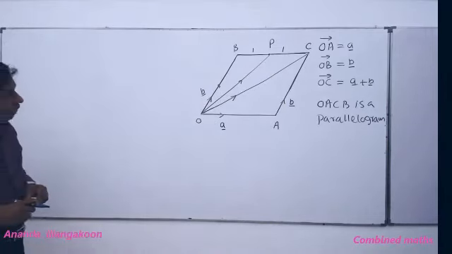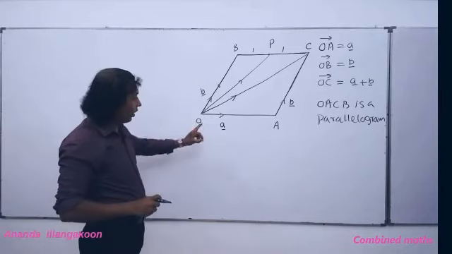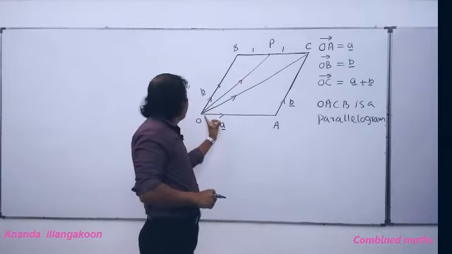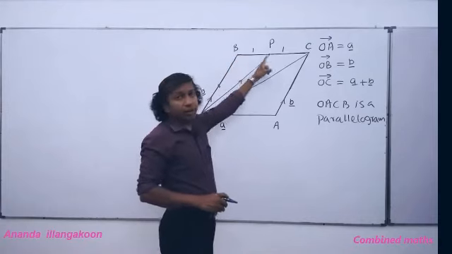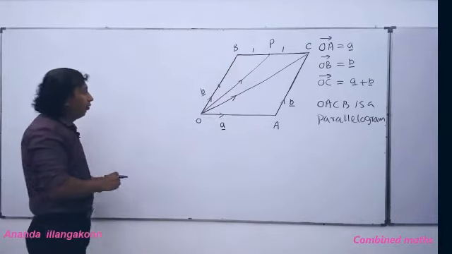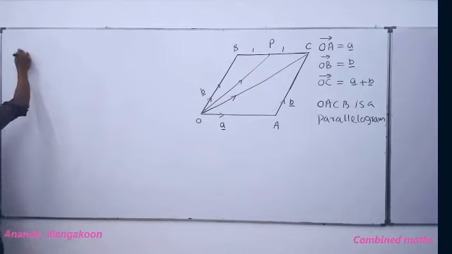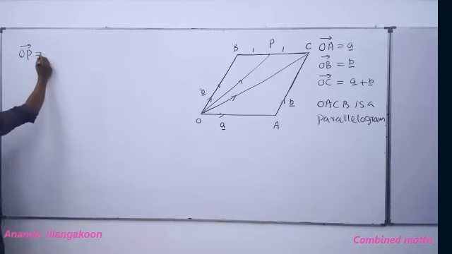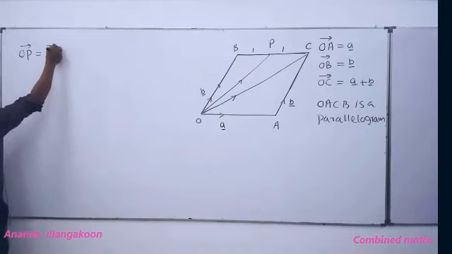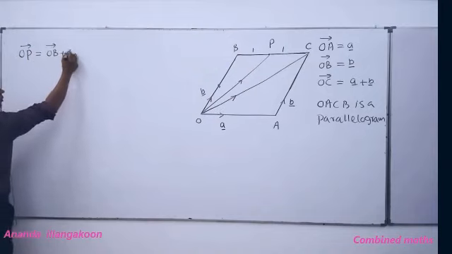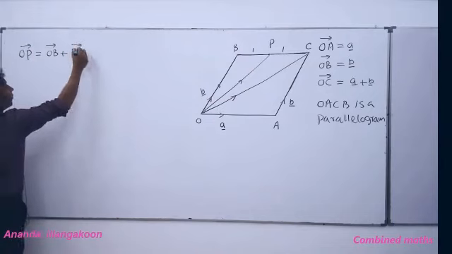OP vector you can write by using the triangle law of vector addition. OP vector is equal to OB vector plus BP vector. Right? Then you can write OP vector is equal to OB vector plus BP vector.